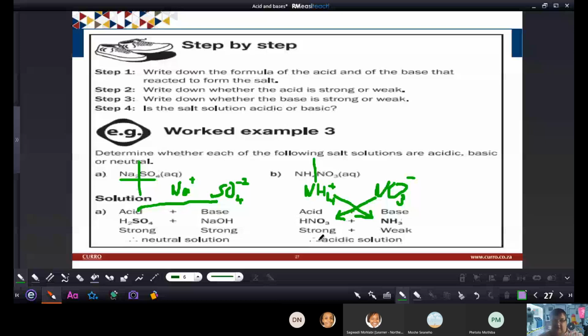So the salt here that formed was a neutral solution because it was strong. So what happened was here the Na plus gained the OH from the sulfur, because the sulfur will form OH minus ions, and then we get our H2 that will form our strong base. So easy to remember.